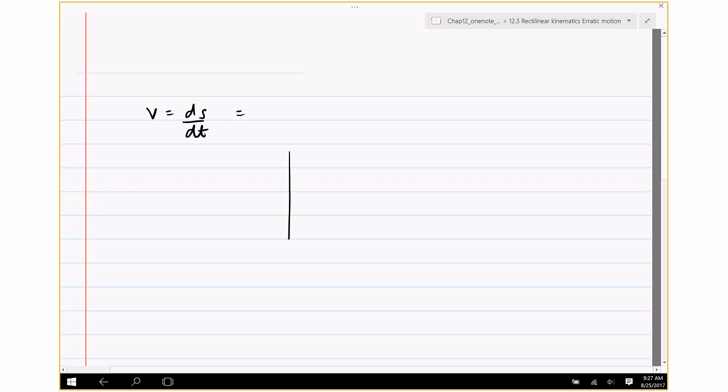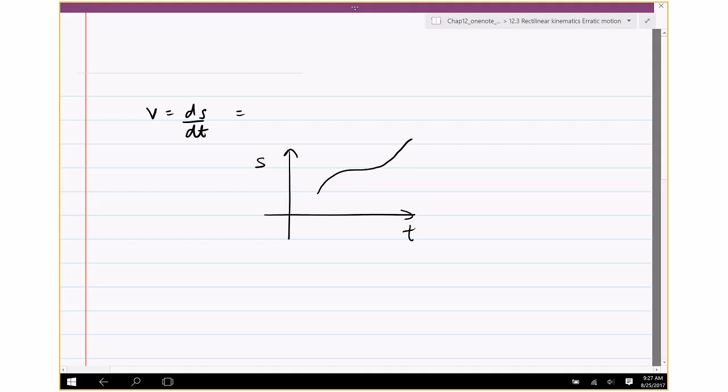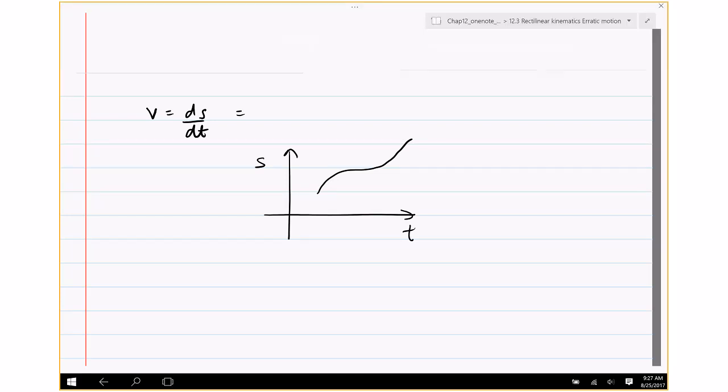So if you draw a plot of s versus t, and if you take the slope at, let's say, time t0, then that slope represents the velocity at time t0. So this is the slope of the graph.